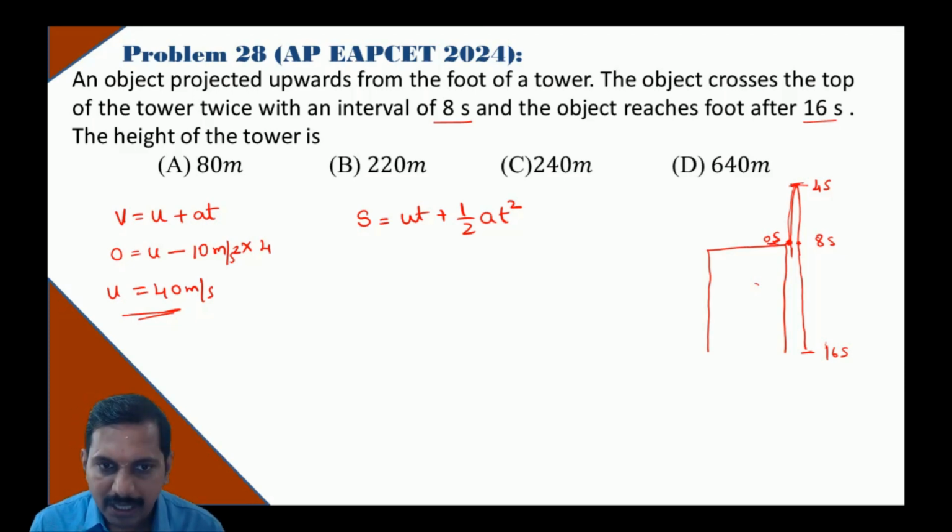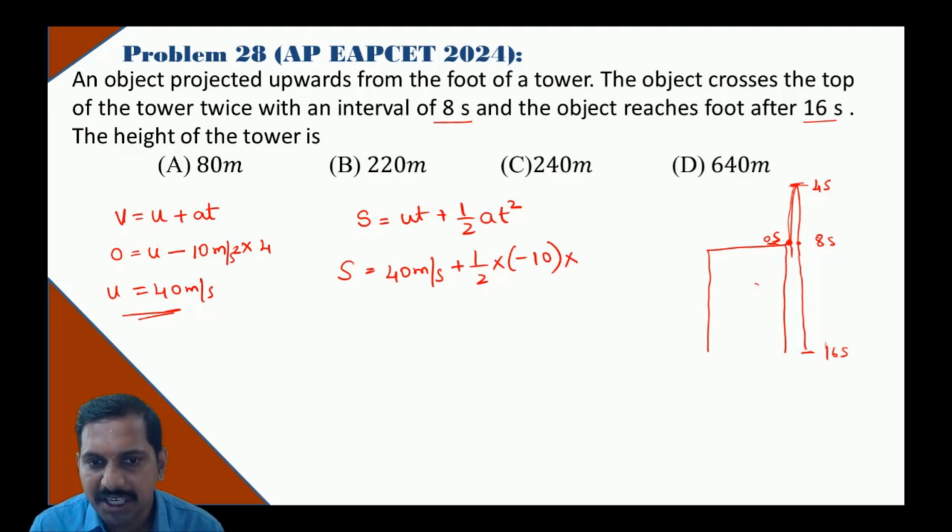That means I can take s is equal to u, which we know, because initially when it is thrown up, it is at 40 meters per second speed, plus half into a, which is minus 10, into t square. t square, we can take as 16 square.